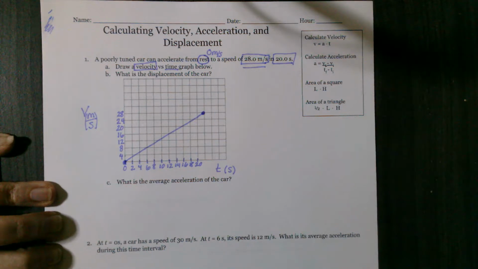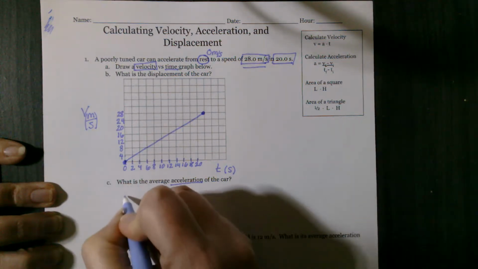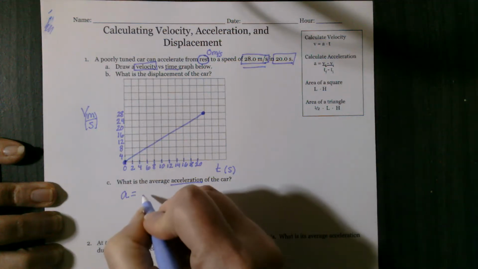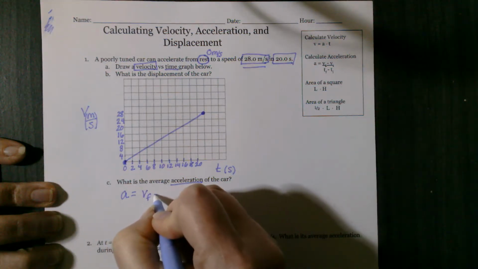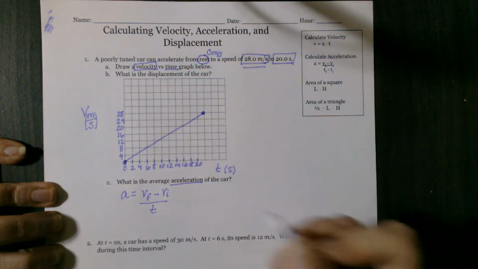So the acceleration, you should be able to find the acceleration, which is the change in velocity over change in time. You can do this a couple of different ways. You can go final velocity minus initial velocity over time.